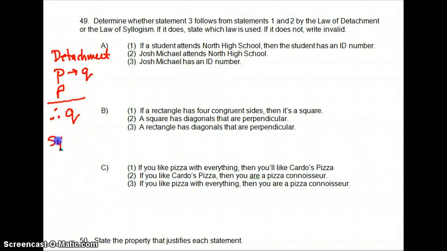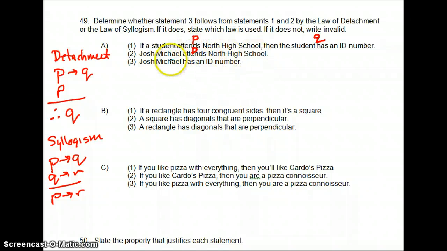Syllogism: P arrow Q, Q arrow R, therefore P arrow R. And that's what we have here. Alright. Student attends North High School is P. Student has an ID number is Q. Josh Michael attends North High School, so that's P. He has an ID number, Q. True. That is detachment.